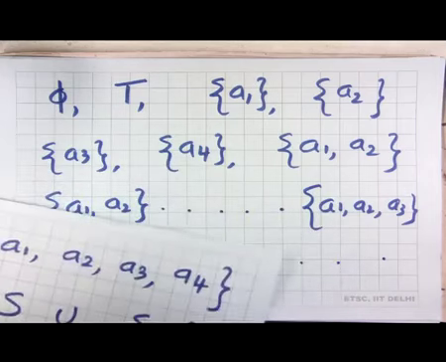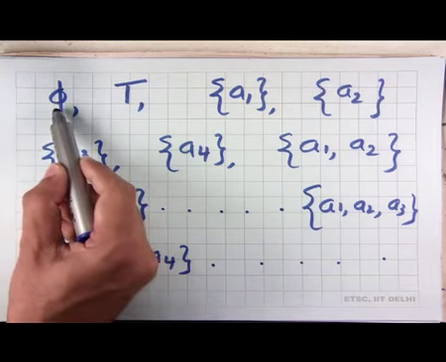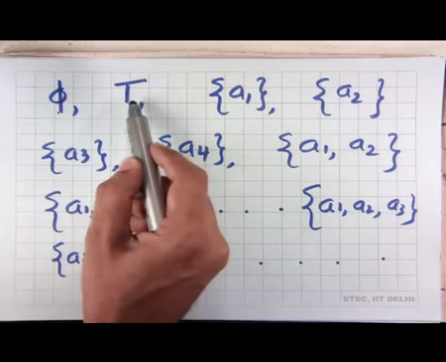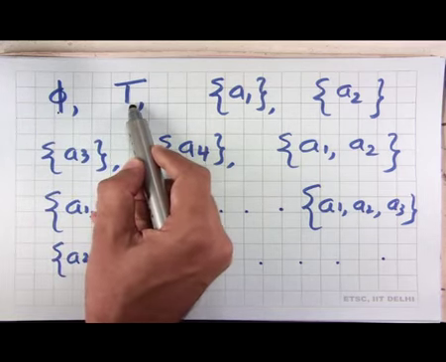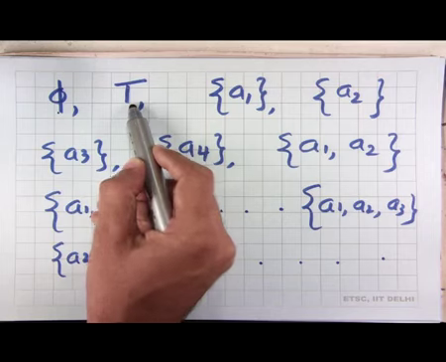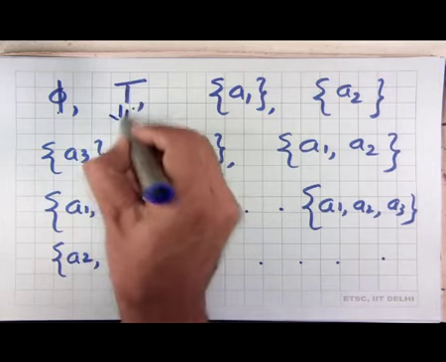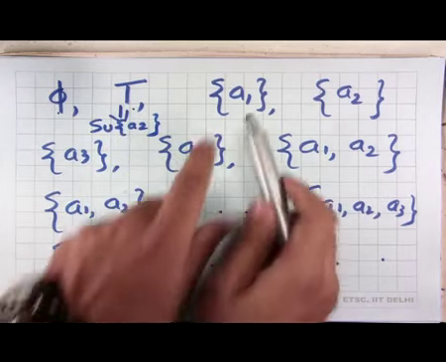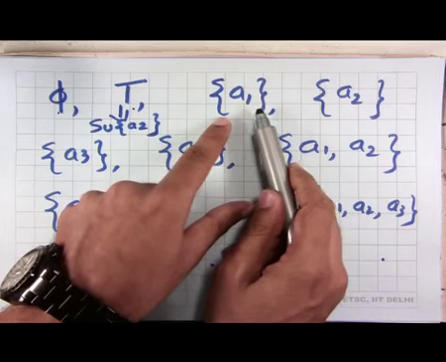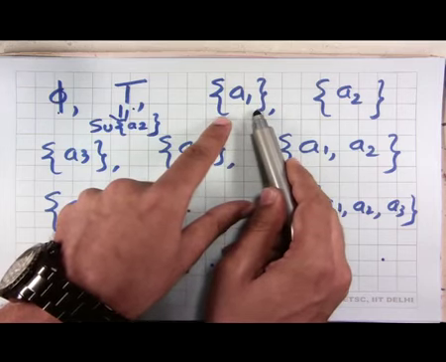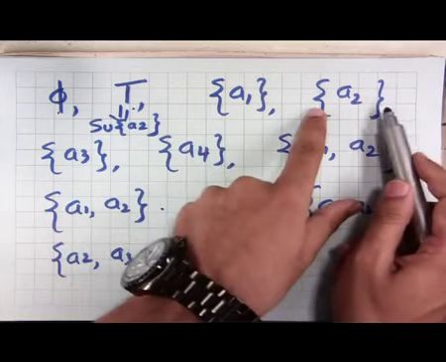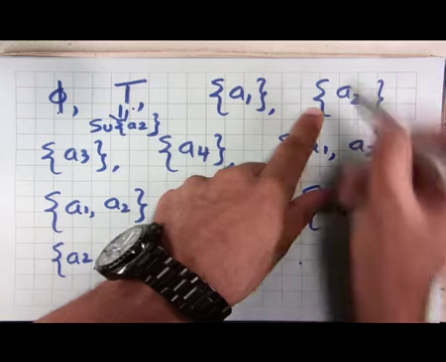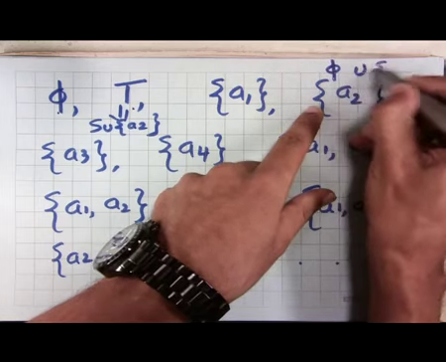Now, you take one by one. Take the first subset, the null set, which is already a subset of S. Take T. This is S, which is a subset of S, union A2. Now, the third subset of T, namely set A1, is already a subset of S. Similarly, A2 is not a subset of S, but it is a subset of S union A2, namely null set union A2.